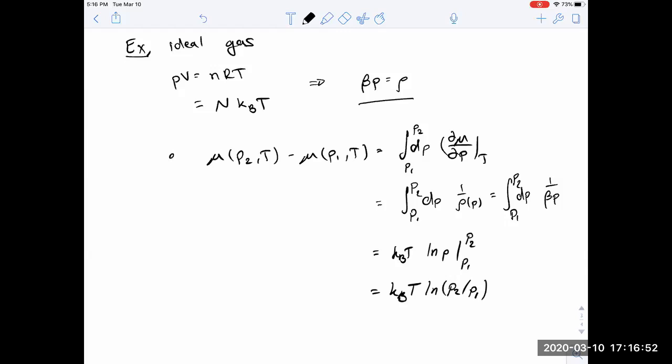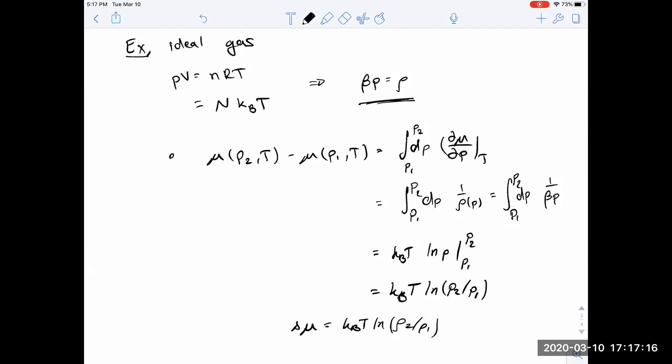Taking the difference of logs, you can write that as a ratio. And again, because the pressure is linear in the density, this change in chemical potential could be rewritten as just a ratio of densities, rho 2 divided by rho 1.